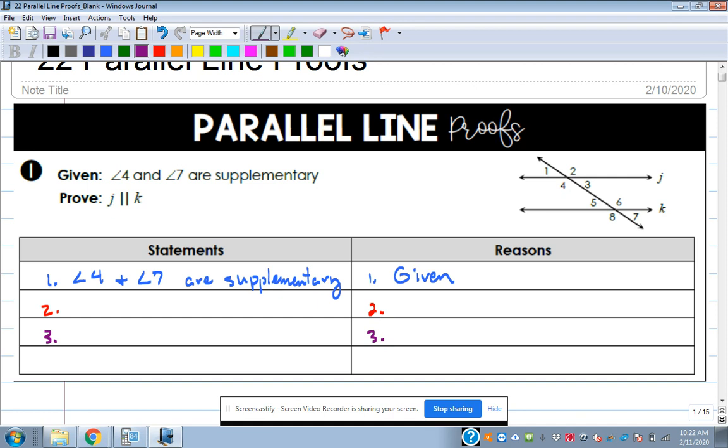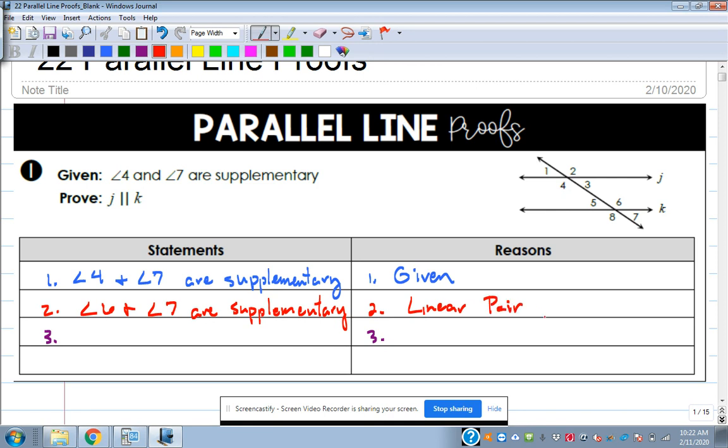So that means 6 and 7 are supplementary. Angle 6 and angle 7 are supplementary because of a linear pair. I'm using this angle set. We could have used the one Haley was talking about with 1 and 4 if you wanted to. We do the same thing. And that's because they're a linear pair.